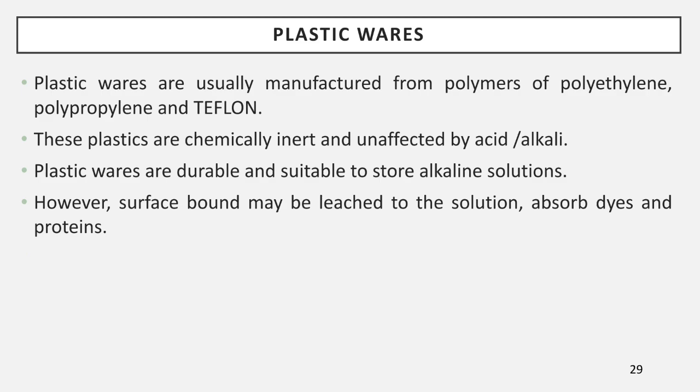These plastics are chemically inert and unaffected by acid or alkali solution, and these plastic vases are durable and suitable to store alkaline solutions. The surface of the bond may be leached into the solution and absorb dyes and proteins.